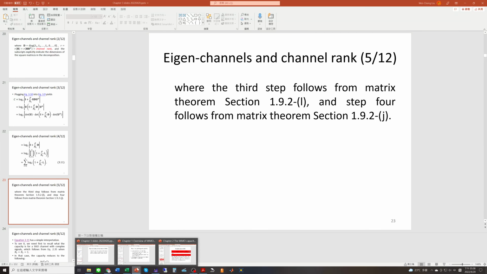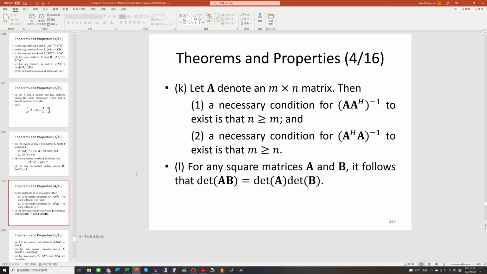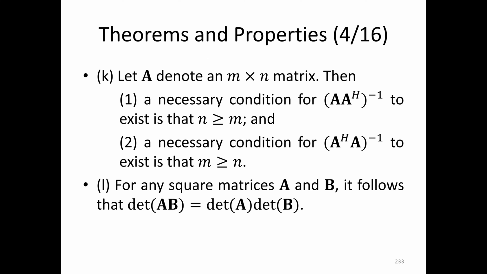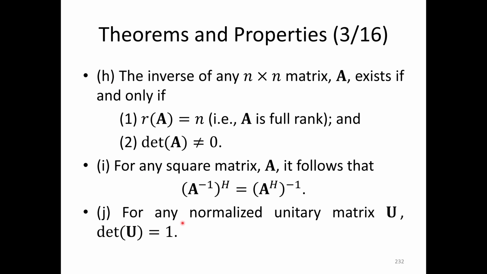Let us go to section 1.9.2J. For any normalized unitary matrix U, the determinant of U is equal to 1.